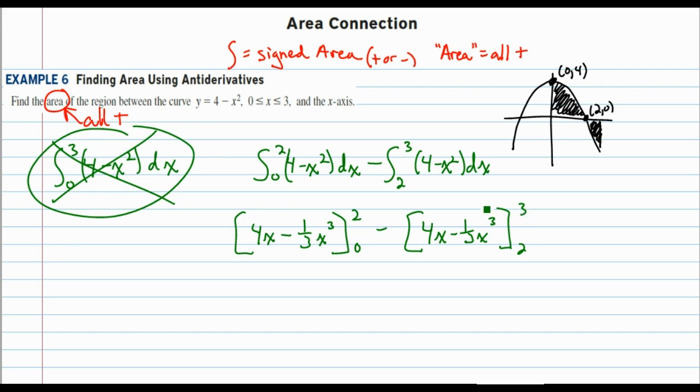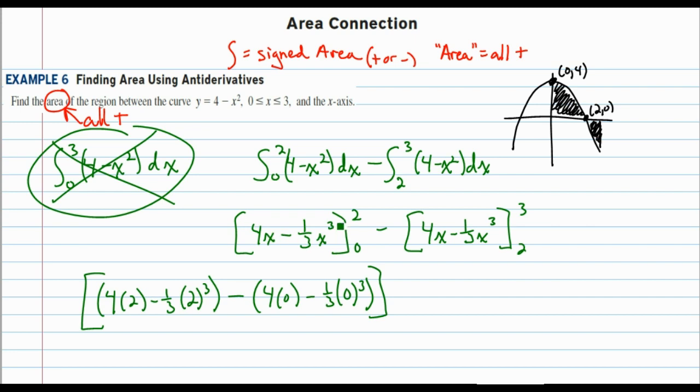Okay, so let's start plugging in our upper limits and lower limits. In my first piece, I have the antiderivative evaluated at the upper limit 2, minus the antiderivative evaluated at the lower limit 0. Now I'm going to subtract my second piece, first evaluated at 3, minus evaluated at 2.